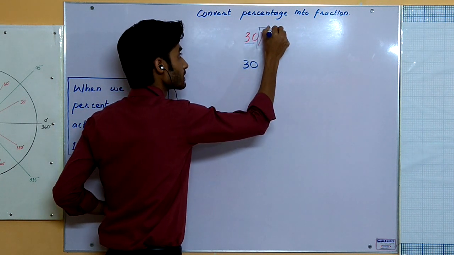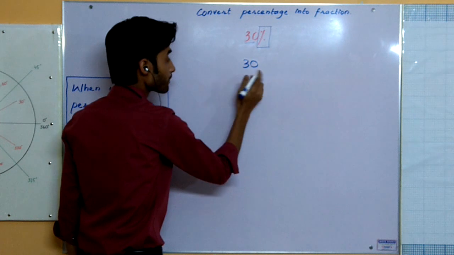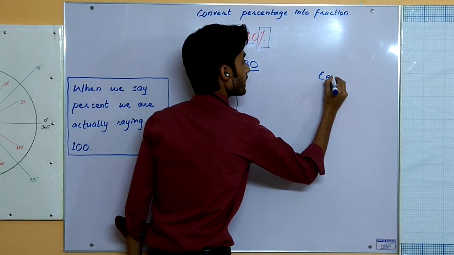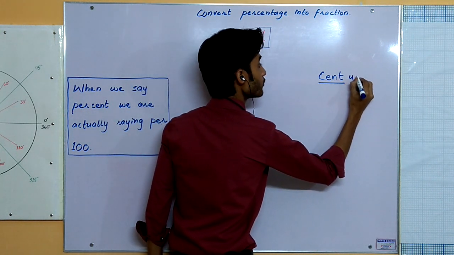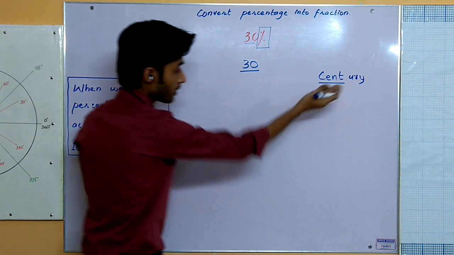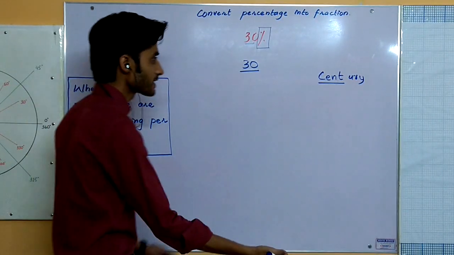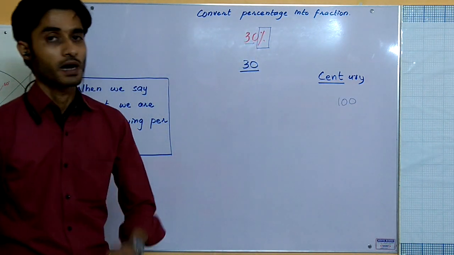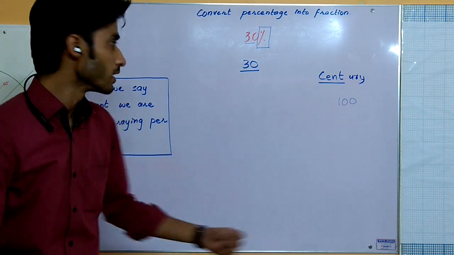Then for percent, what are you going to do? Cent, S-E-N-T, cent. The word cent, if you are a cricket lover, you must have heard the word century. What does century mean? Century means 100. When a player scores 100 runs, we say he has scored a century.